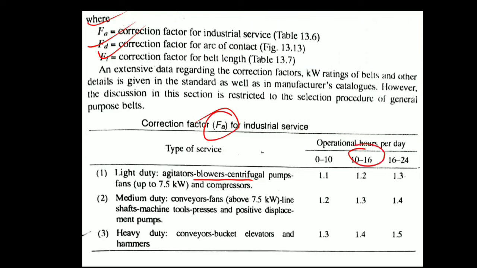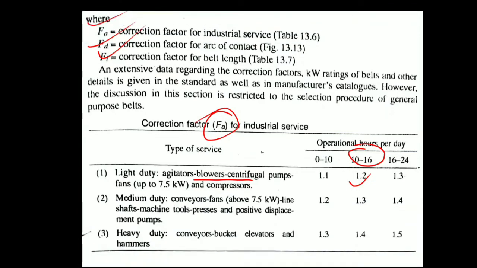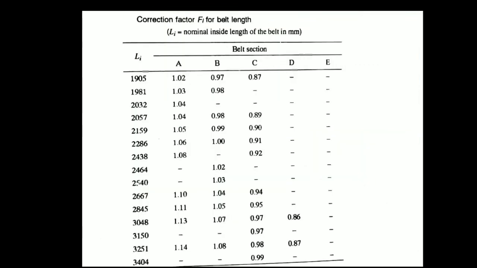If this information is included in the statement, then I will have to select FA as 1.2. This value is also important if the power is more than 7.5 kilowatt or up to 7.5 kilowatt; accordingly we will have to select the correction factor.